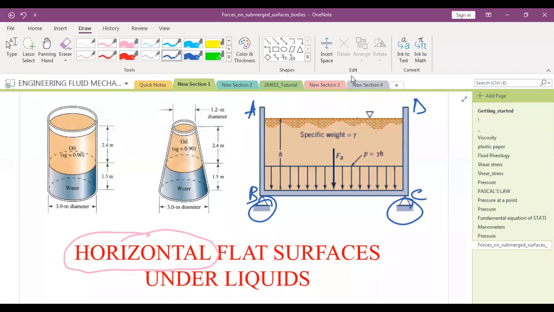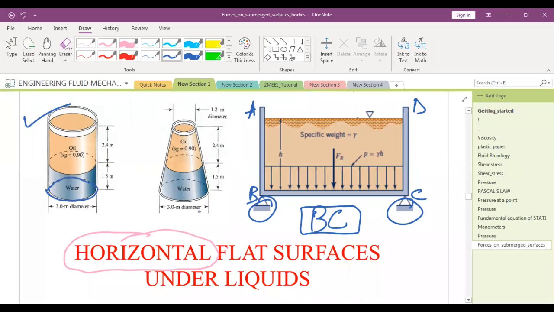Yes. BC, sir. BC. So BC is the horizontal surface. What about this container? Sir, AB is the submerged surface.